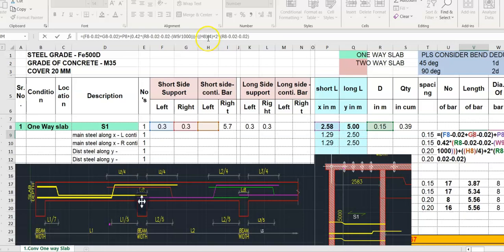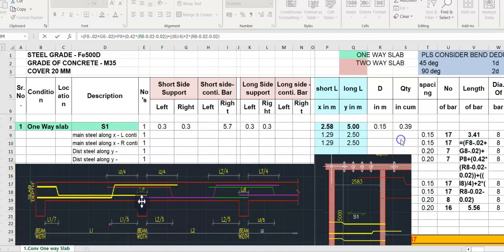Now H8 by 4. H here is the left side, no continuous, then blank. H8 by 4. We set this formula plus 2 into R8 minus both side cover. R8D means this end is bent in the slab. We consider the full depth of slab and deduct both side cover.